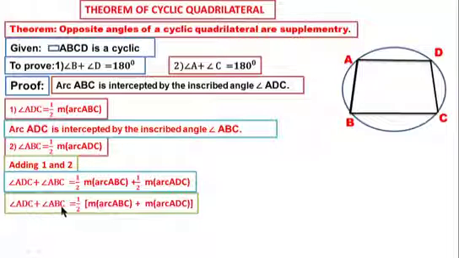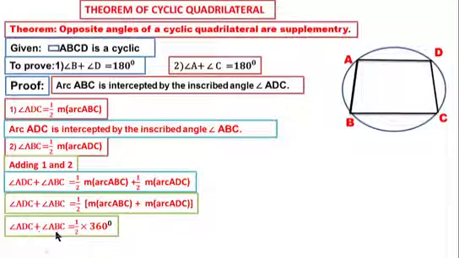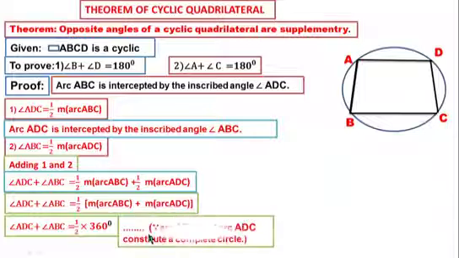Angle ADC plus angle ABC is equal to 1/2, which is a common term, in bracket, measure of arc ABC plus measure of arc ADC. Angle ADC plus angle ABC is equal to 1/2 multiplied by 360 degrees, because arc ABC and arc ADC constitute a complete circle.